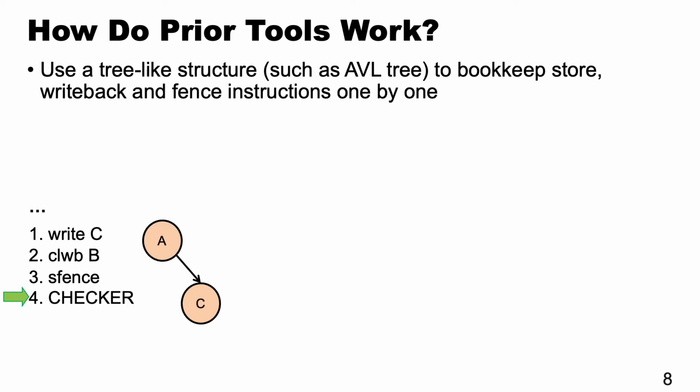In addition, if debugging tools encounter a manual or automatically inserted checker, they check the information nodes in the tree structure and report those that violate the checker rule defined by the checker.